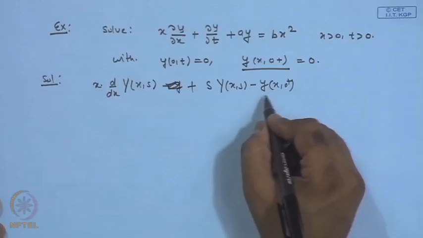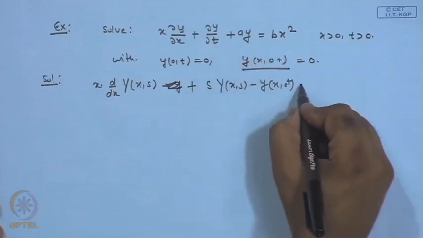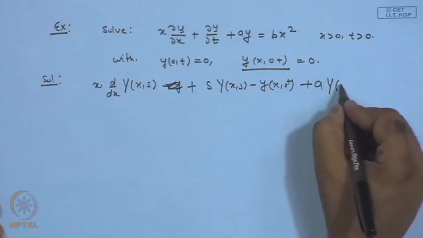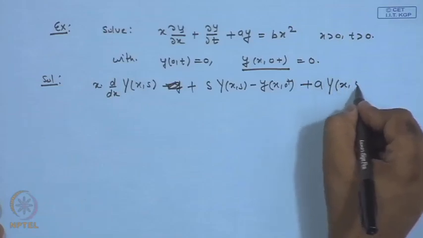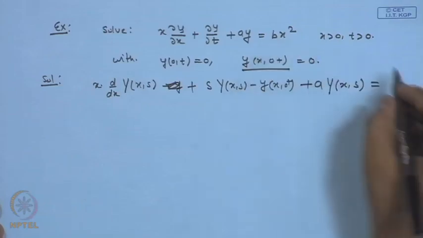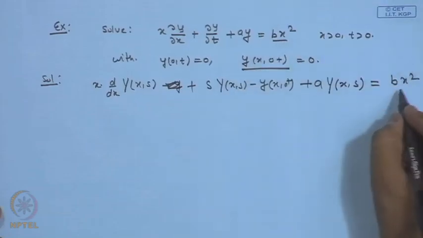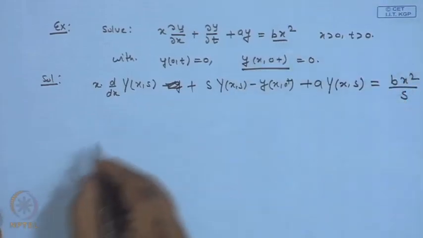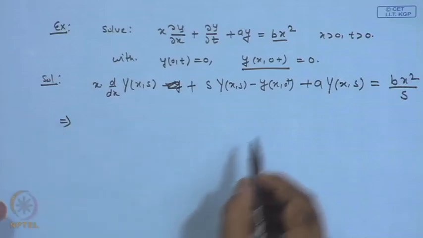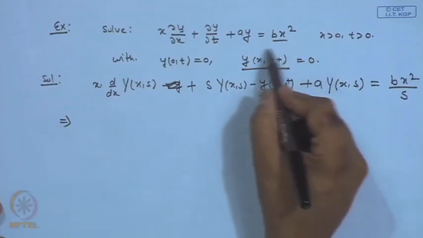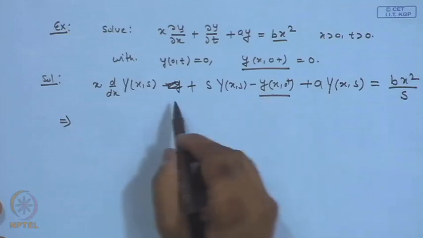So, we have in this derivative theorem 0 plus, and then plus a y(x,s). The right hand side we have b x squared, as a constant we treat, and the Laplace of 1 would be 1 over s. So, we can simplify now. This term will vanish because this is given as 0.